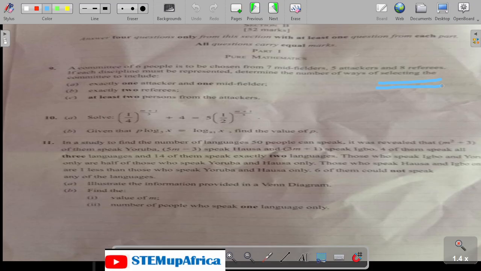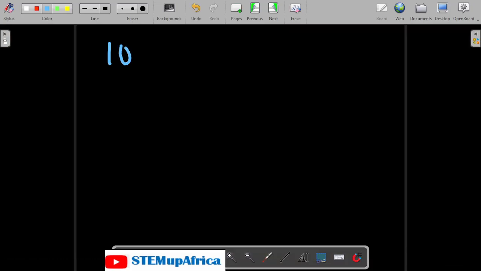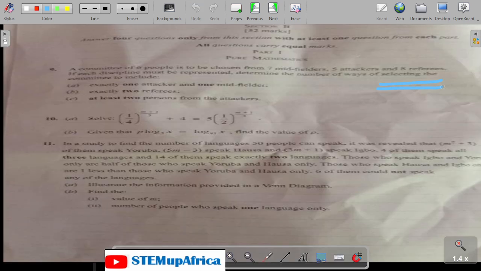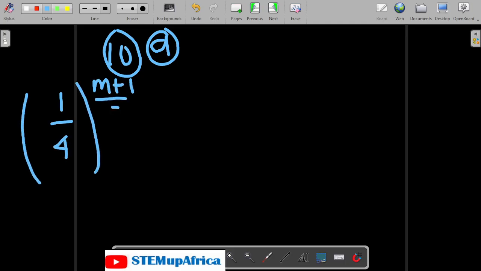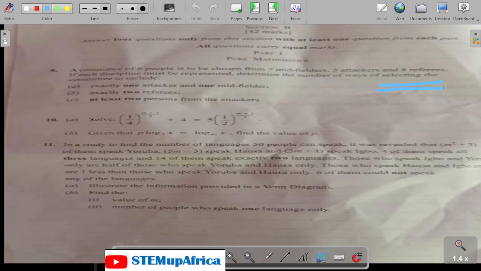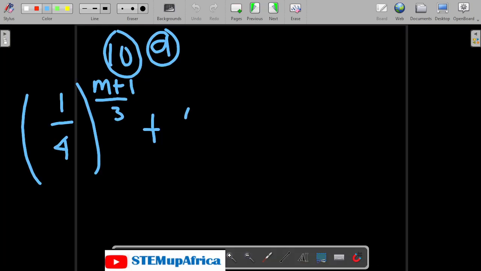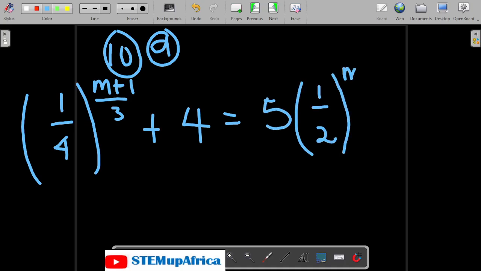Let's go to question 10A. We have 1/4 raised to the power n plus 1/3 plus 4 is equal to 5 into 1/2 to the power n plus 1/3.